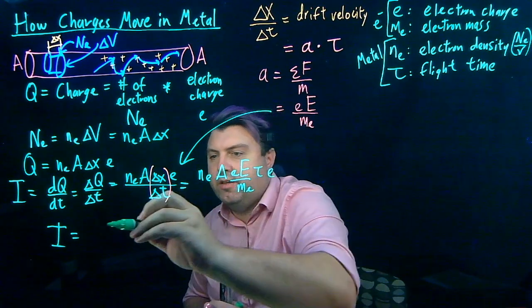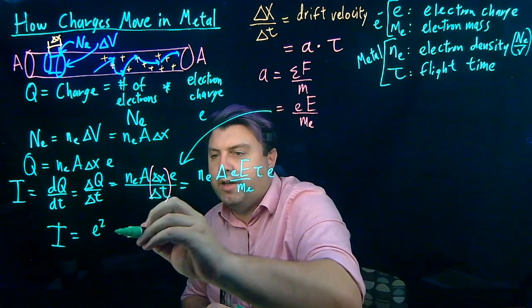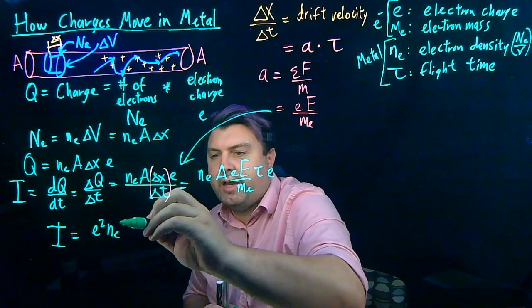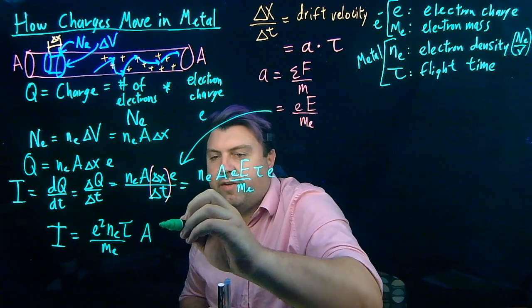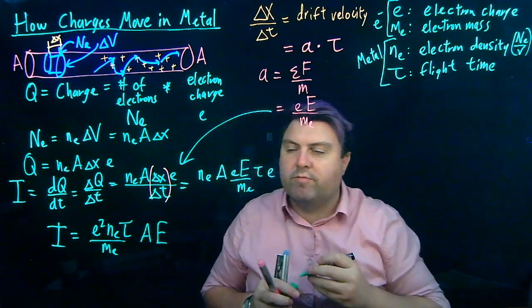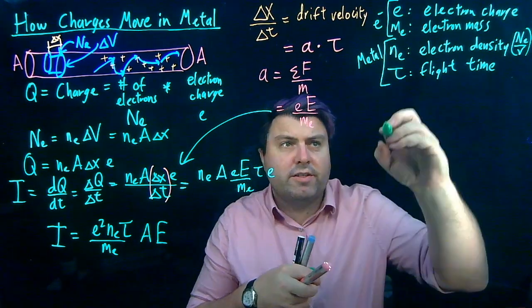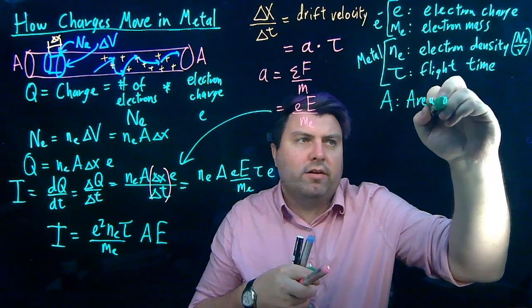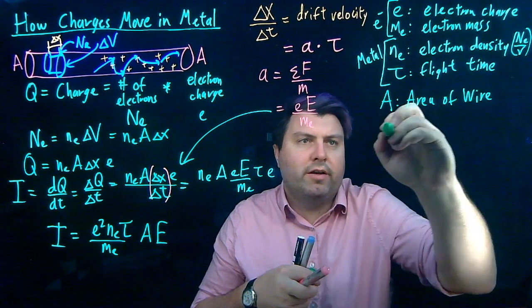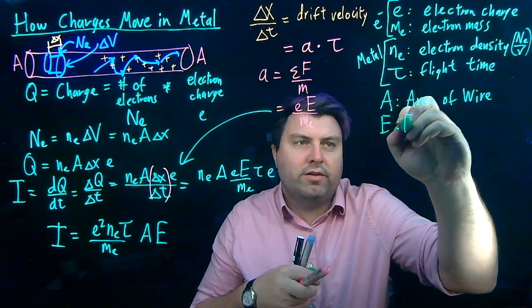We have E E, so we have an E squared, N sub E, tau over M E, and then we have A times E. So this A is the area of the wire, and the E is our electric field.